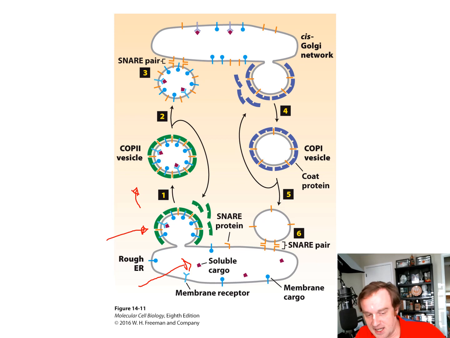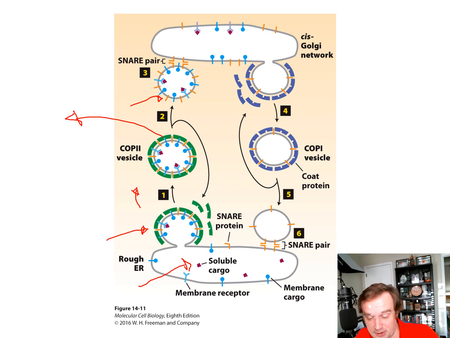And then in step 2, that COP2 coat disassembles and exposes those V snare proteins on the vesicle surface for the fusion target, right? So these green things, they take off, those are the coat proteins, and that exposes those orange snare proteins that we had embedded in the membrane. In step 3, the RAB effector interaction promotes association of those V snares with the T snares on the cis Golgi membrane.